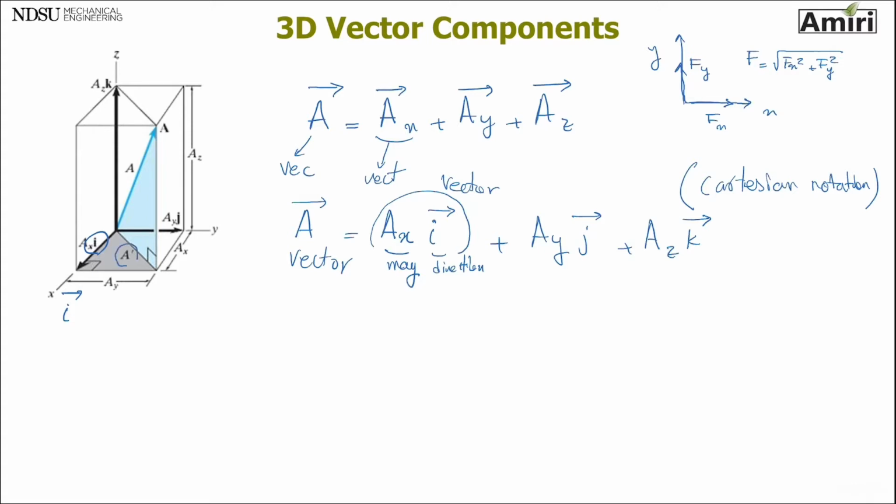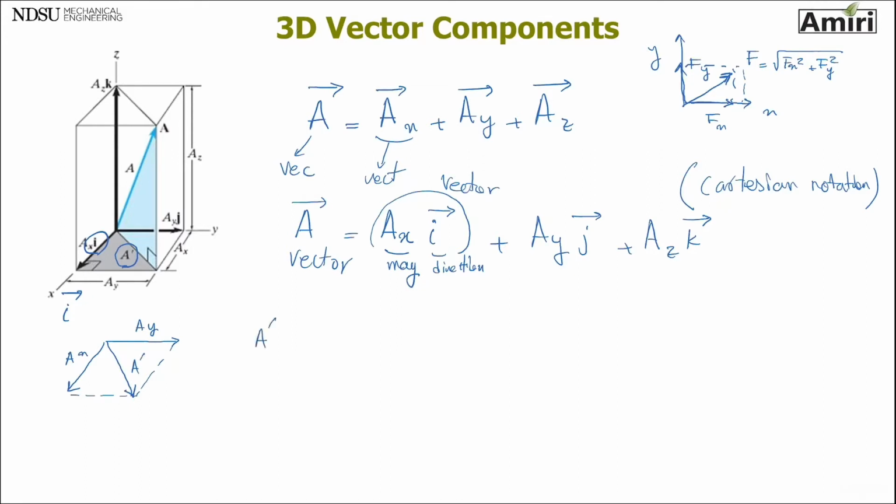Do you see where a prime is? Something like this. It has an ax and an ay. The goal is just like before, when I found f. The goal is to find this a prime magnitude.